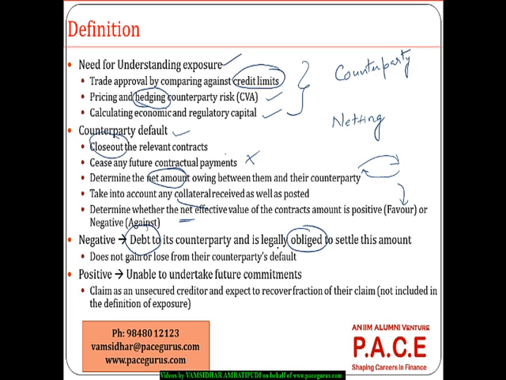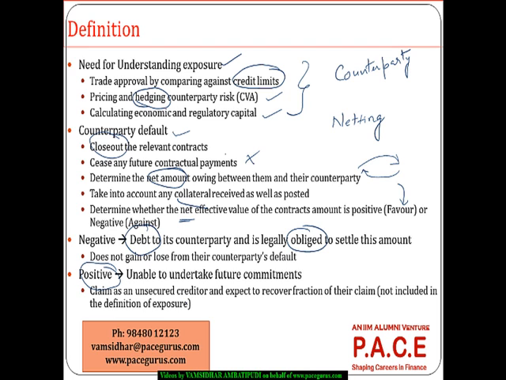Which means even though the counterparty has defaulted, there is nothing this institution has gained from the default of that particular counterparty, because the net is negative, which means this institution is liable to pay that counterparty and has to make the payment. No gain that it is able to bring out of it. And probably it would have been better if this counterparty had not defaulted.